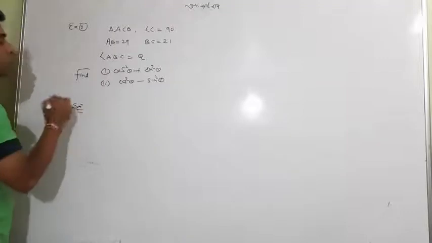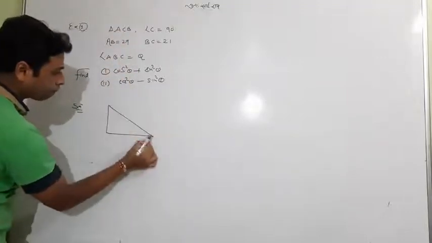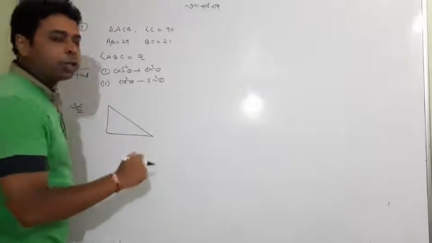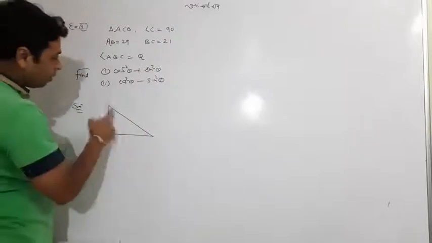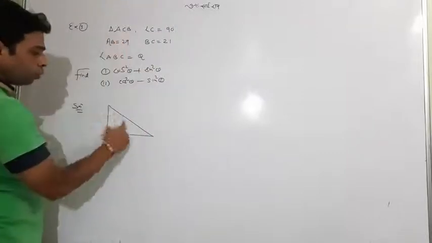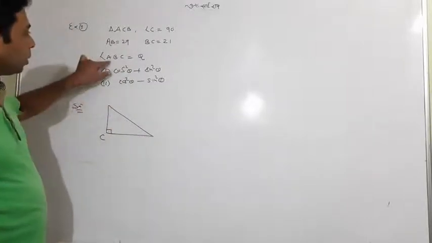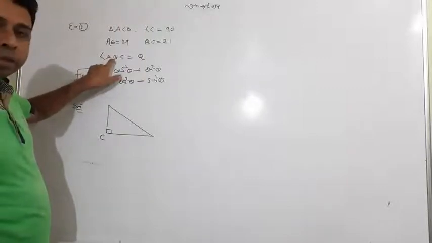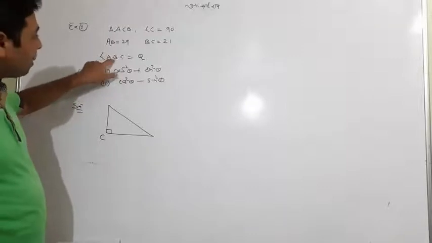Solution. First we will make the right angle triangle ACB. Before labeling that, see the instructions. Angle C is 90, so I write 90 here. Now we have A and B. Every A and B can be written anywhere, but there is a special word: angle ABC, meaning angle B is in the middle, which is why it is written ABC.